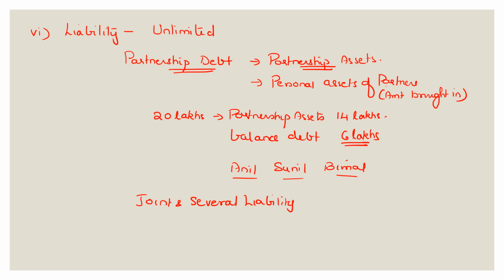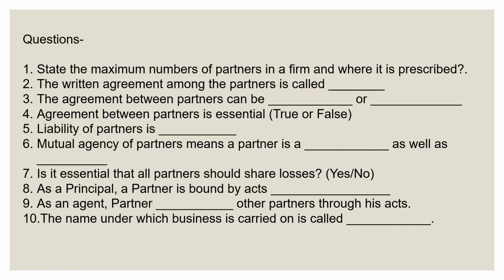Jointly they are liable for 6 lakh and individually also they are liable to pay off the debts. So what do we understand about the liability of the partners? That it is unlimited and that in between the partners there is joint and several liability. So these are the essential features of a partnership firm.